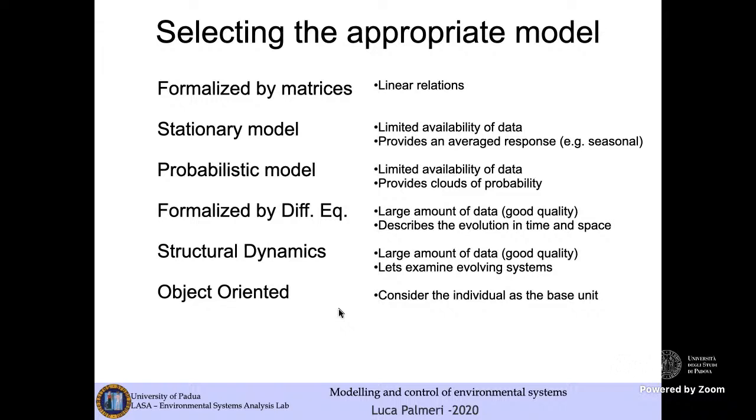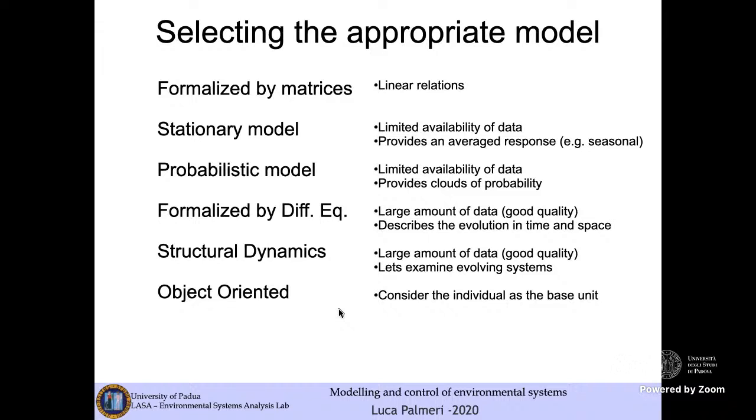So we are going to build a matrix model. Please note that linear models, as already said, are seldom adequate for describing ecological systems because biological or living objects often display some kind of nonlinear behaviors or catastrophic or explosive behaviors.